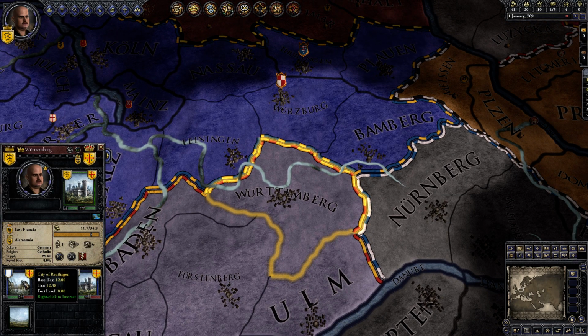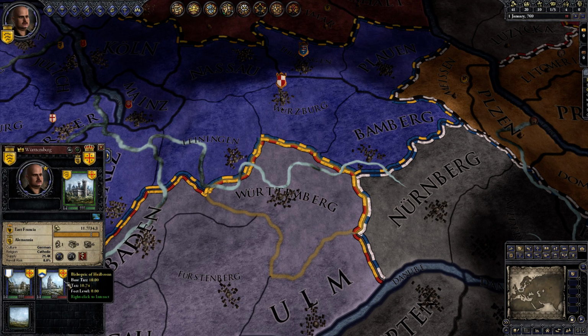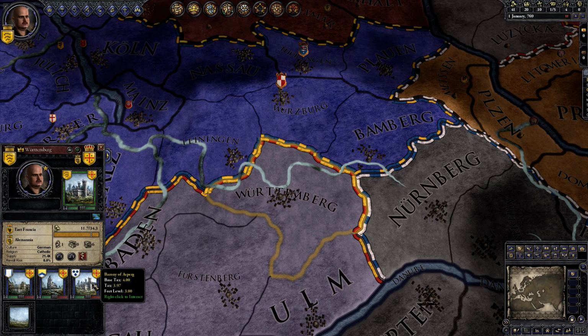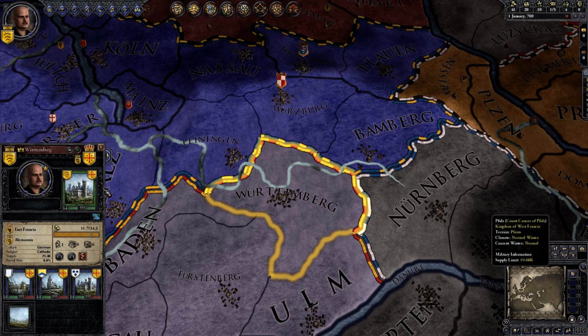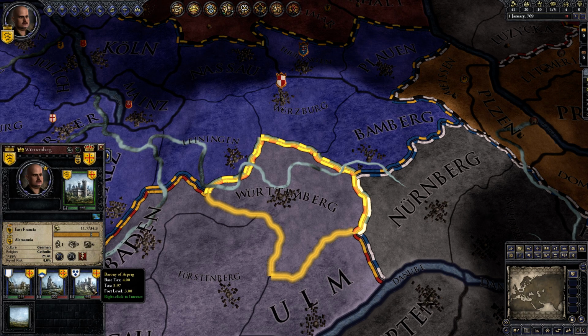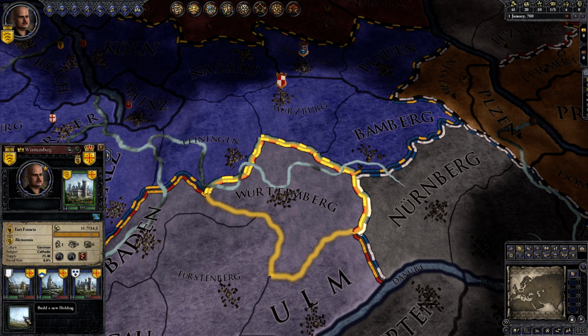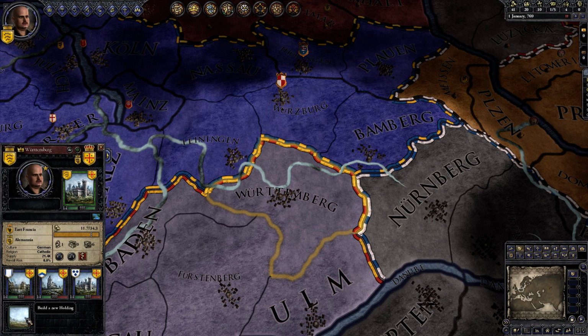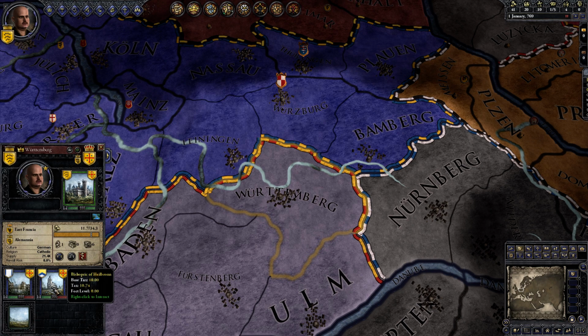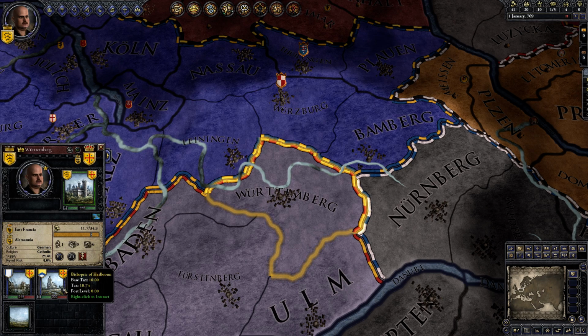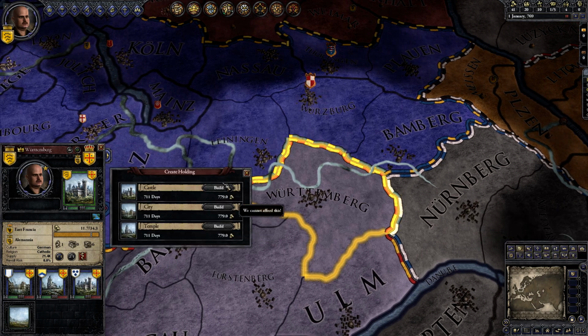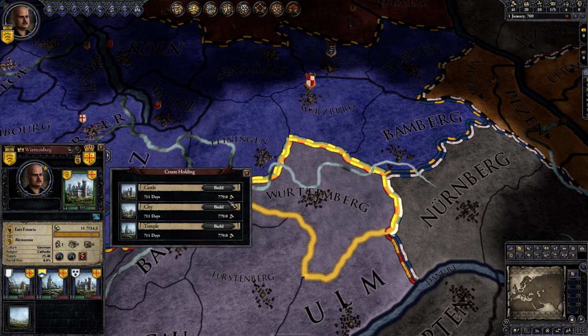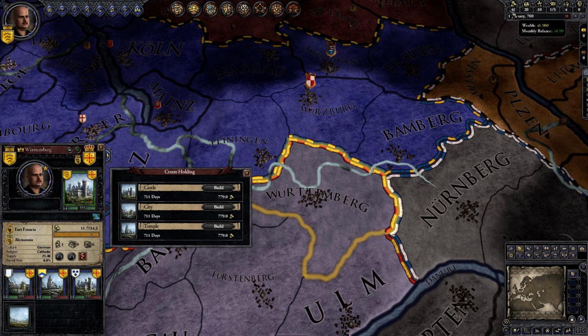And there is Reutlingen, Heilbronn and Asberg, which are all cities, and you have one empty holding and you can build a city or a temple or a castle there when you have the money to do that. Money you see here.